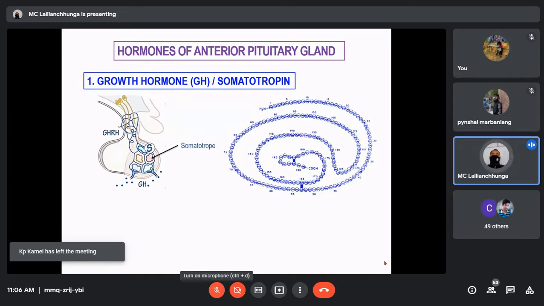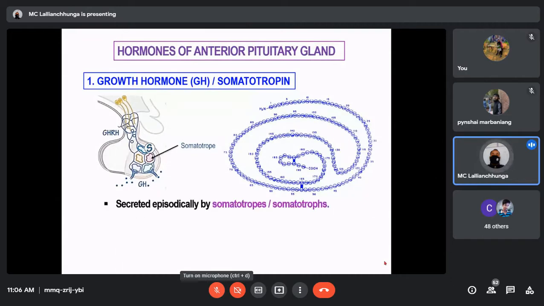Number one is the growth hormone. In short, we can say that it is GH. Another name for growth hormone is somatotropin. This hormone is secreted by the somatotropes, here you can see the spelling. It is secreted episodically.